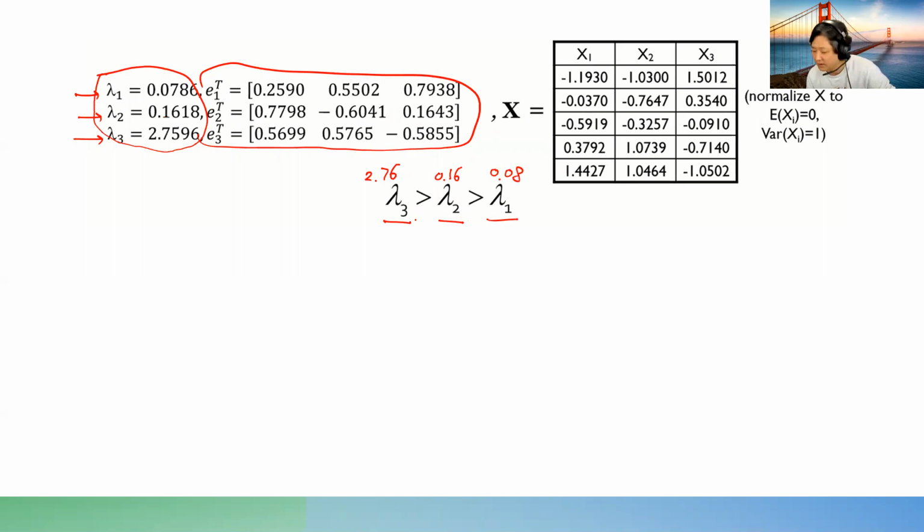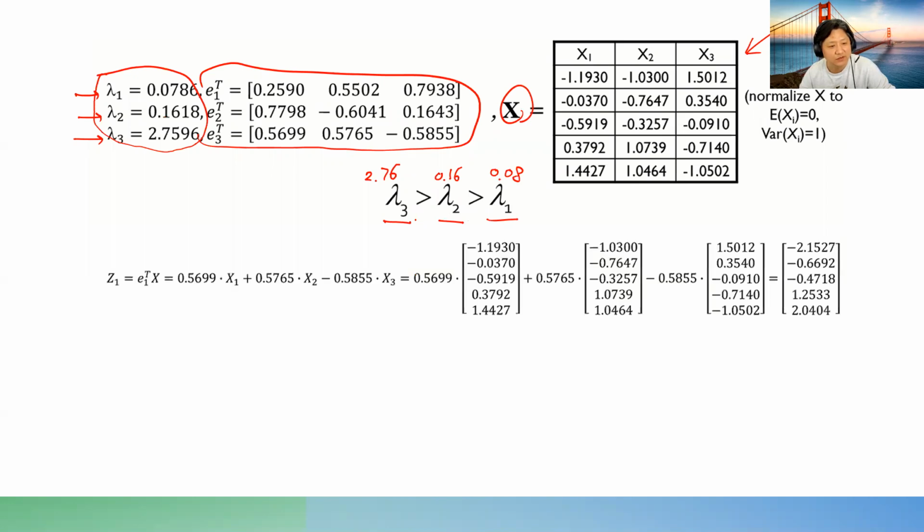I rounded. Okay. And then this is our normalized data set. Okay. And then let's try to build our principal component equation. So first one, this principal component is, this is a coefficient, this is a random variable. We have 3 variables, right? So variable 1, variable 2, and variable 3. This is the first. What is the first principal component's coefficient? This eigenvector.